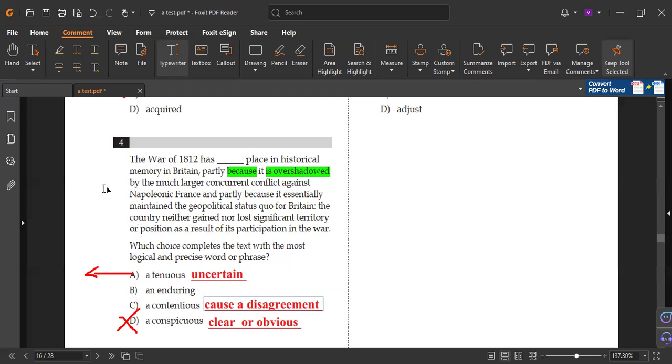Feel it? And we have the explanation after the colon: the country neither gained nor lost significant territory or position as a result of its participation in the war. This means its place in the historical memory in Britain is not sure yet, not certain, not clear. That means this one is correct. Very good try, and you did your best.